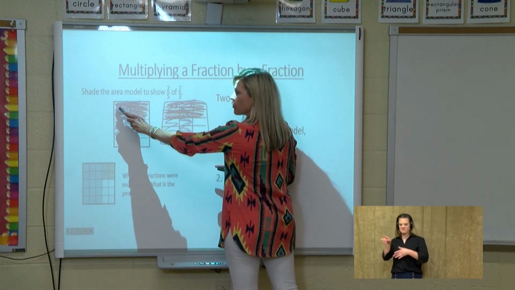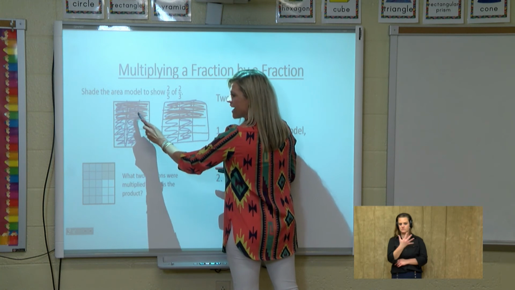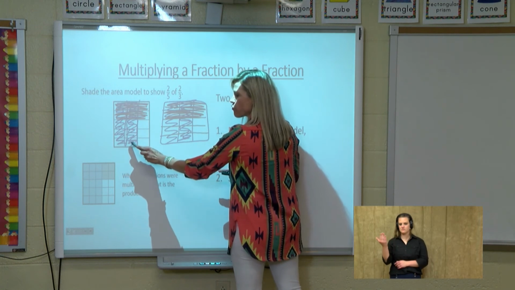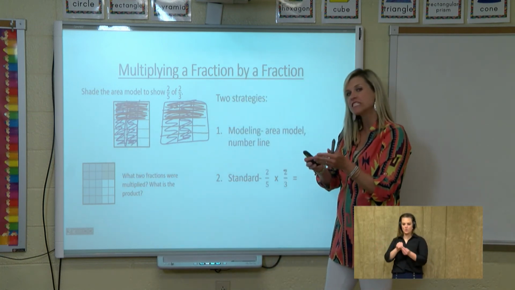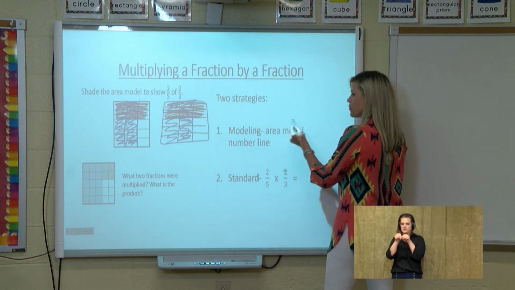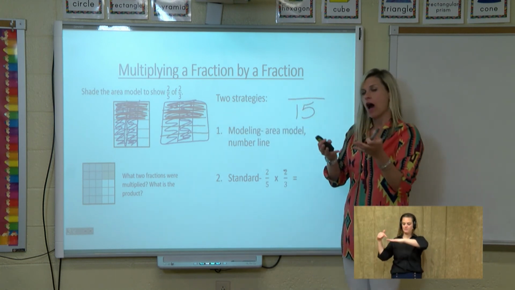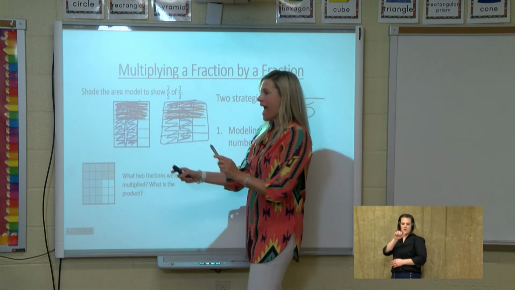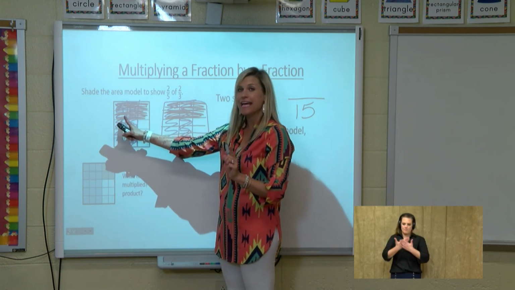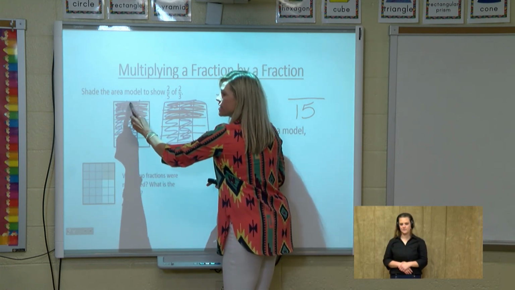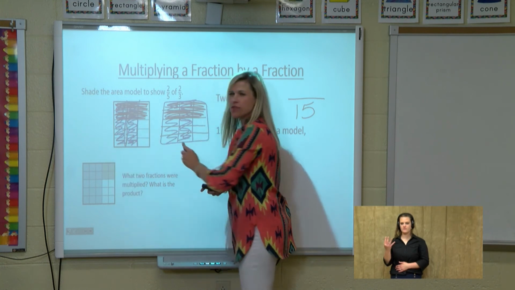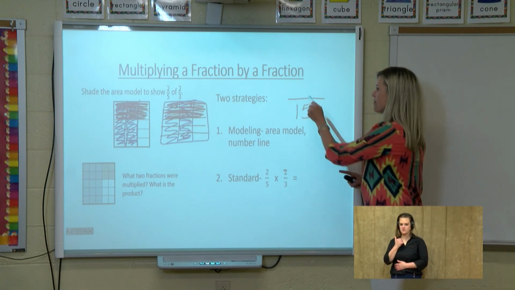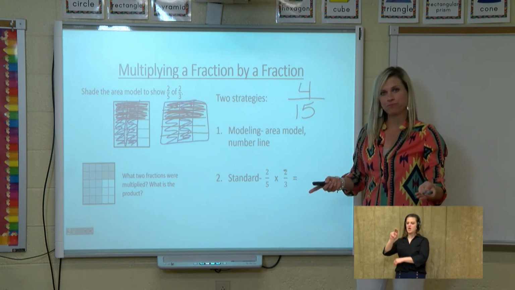Let's look at this one. 1, 2, 3, 4, 5, 6, 7, 8, 9, 10, 11, 12, 13, 14, 15. I have a total of 15 boxes. And so 15 is my denominator. How many boxes in the area model have both blue and red? 1, 2, 3, 4. And I know that's hard to see, but there's 4 boxes that have both blue and red. That is my numerator.